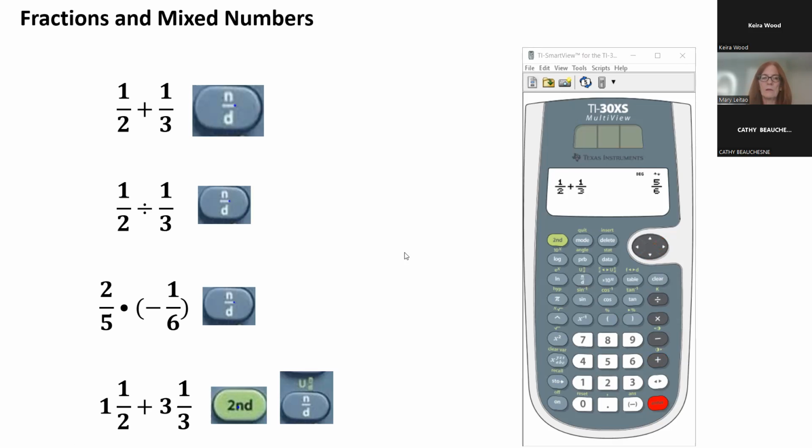Clear that. One half. Come out of the fraction to the right, so your cursor is next to it. We're going to divide. 1/2 divided by 1/3.